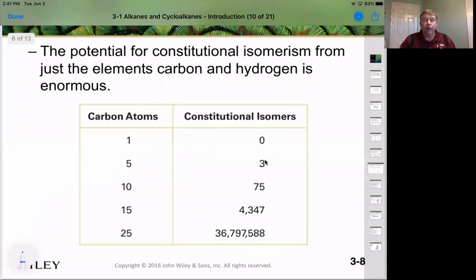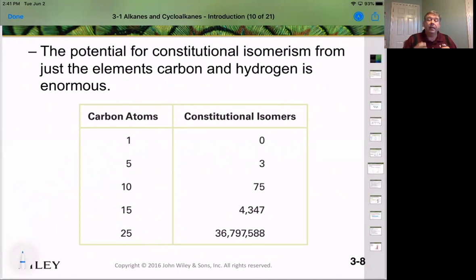Okay, so the number of different constitutional isomers goes up with the number of carbon atoms you have. If you just have 1 carbon, you have 0 constitutional isomers because you have methane. It's 1 carbon with 4 hydrogens on it. However, once you go up to pentane, with 5 carbons, that allows us 3 different constitutional isomers.